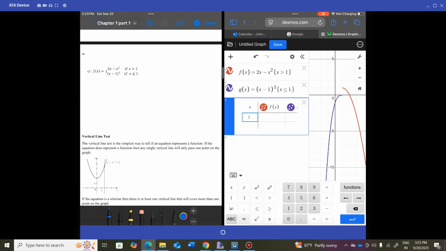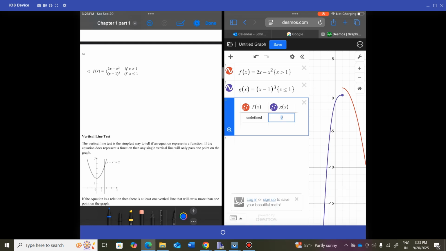And so the main point we want to put in is 1. We see it's undefined at f of x, but it gives us a value of 0 at 1. So that gives you your solid graph. So how do we get the open point? Well, we do have to find that. So f of 1 is 2 times 1 minus 1 squared, 2 minus 1, which is 1.